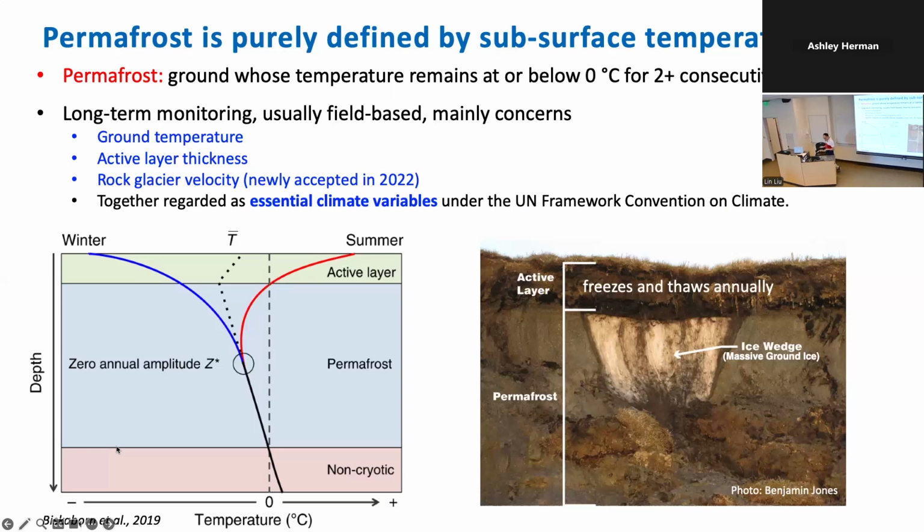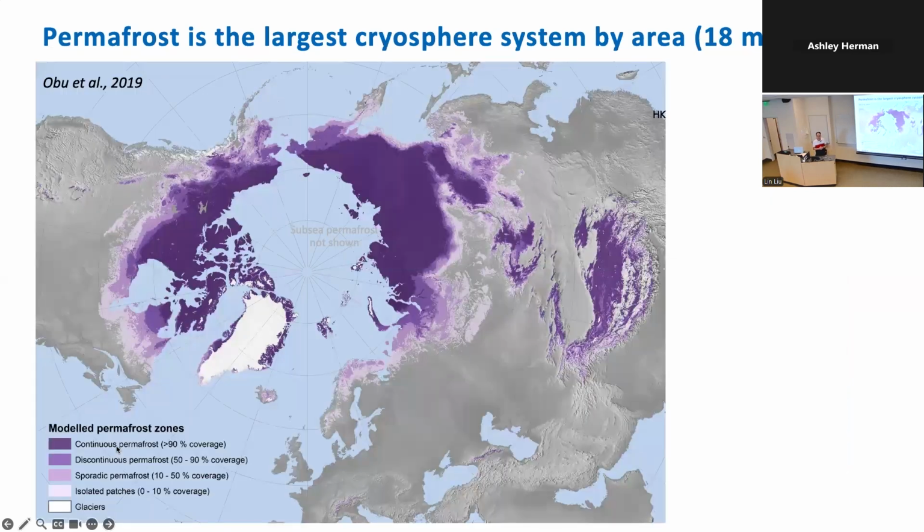Another one that has recently been accepted is the rock glacier velocity. Together, these three variables are identified by the United Nations Framework Convention on Climate Change as the essential climate variables for permafrost.